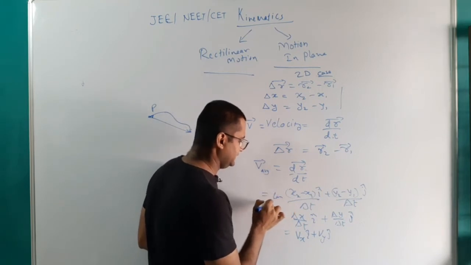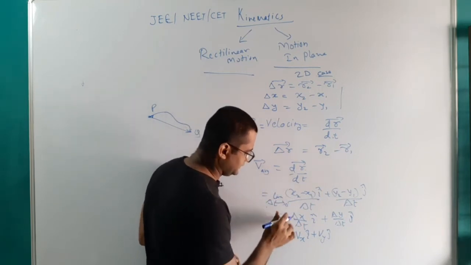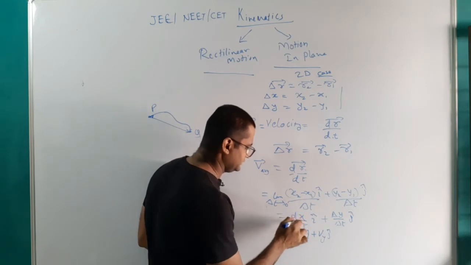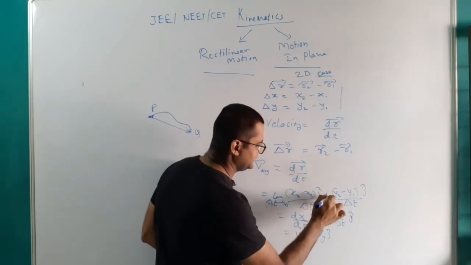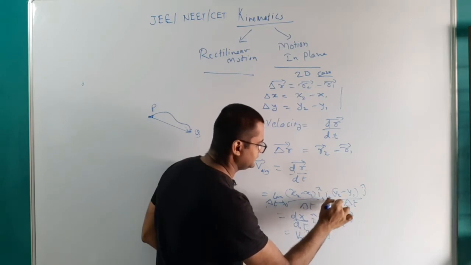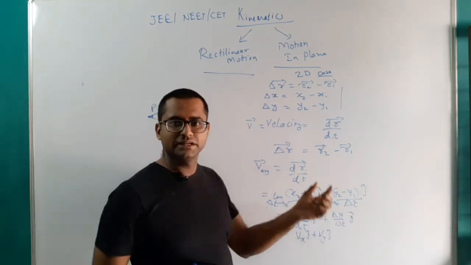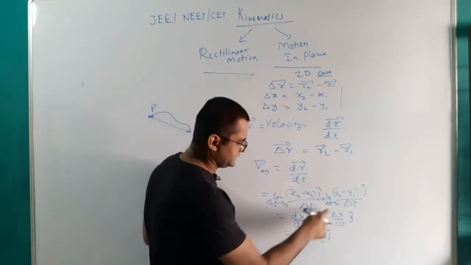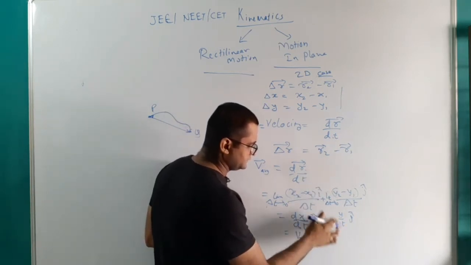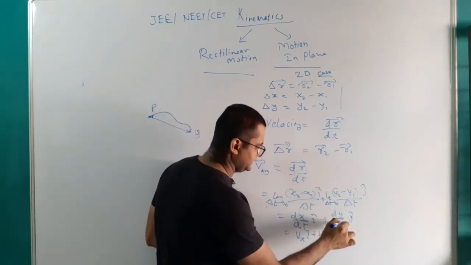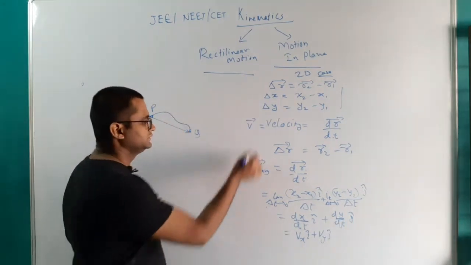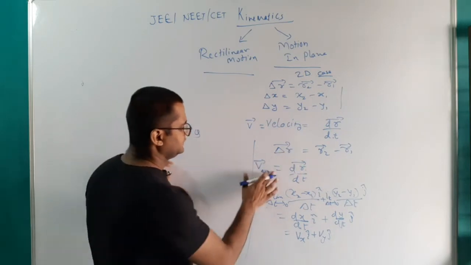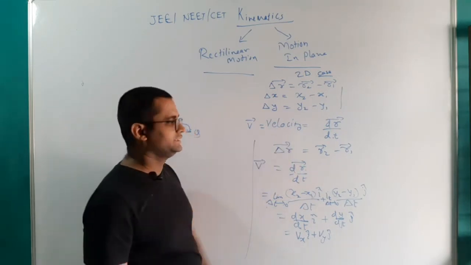Here we have to write limit delta t tends to 0, and ultimately we will arrive here. So this will be dx by dt. Here we again write limit delta t tends to 0, since when we consider a derivative we take the shortest limit. So this will be dy by dt, and this will be vx i plus vy j. So we can simply extend the same concept for instantaneous velocity also.